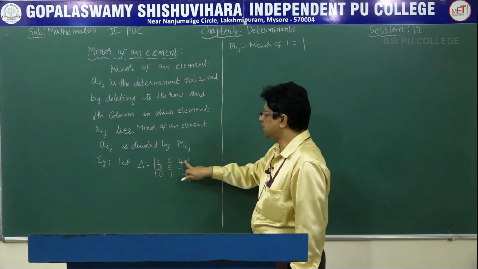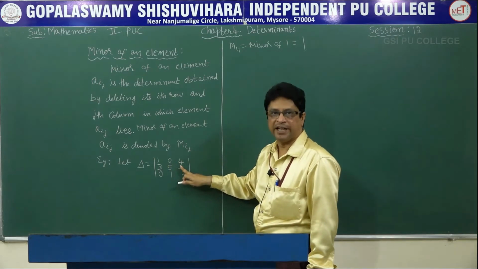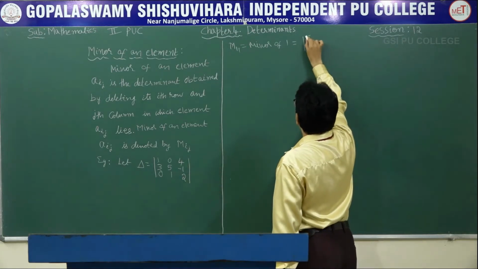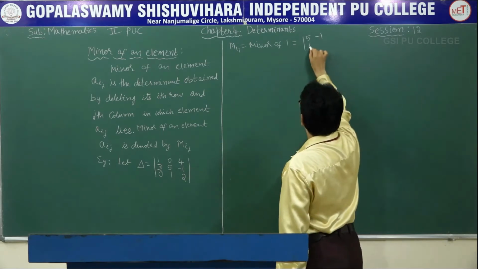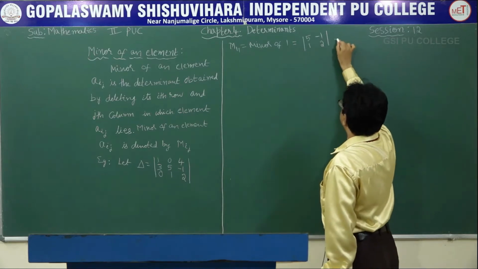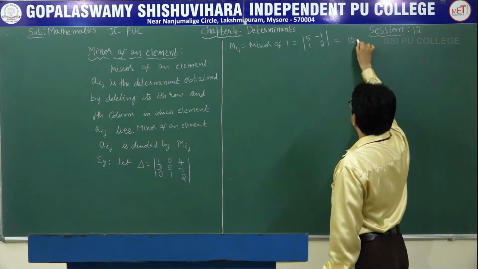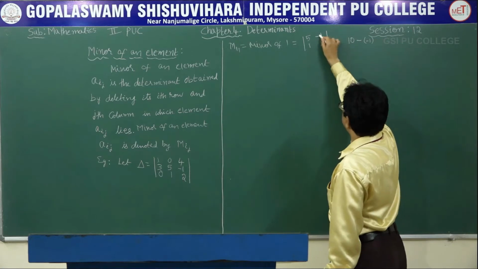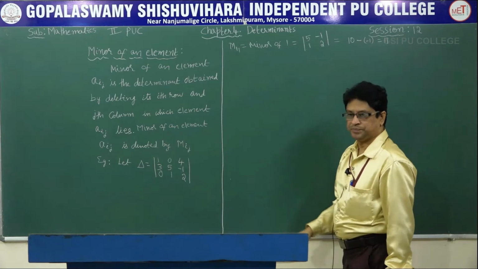We eliminate the first row and first column and take the determinant of the remaining elements, which is equal to determinant of 5, minus 1, 1, 2. That will be equal to 5 into 2, 10 minus 1 into minus 1, which is equal to 11.